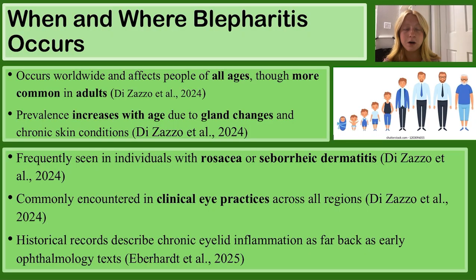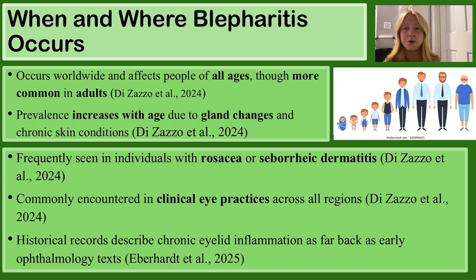So blepharitis isn't a rare condition. It occurs all over the world and across all age groups. Adults tend to have it more often because as they get older, their meibomian glands, which are the oil-producing glands in the eyelids, can become blocked or less efficient, and this leads to dryness or irritation that can trigger or worsen inflammation.